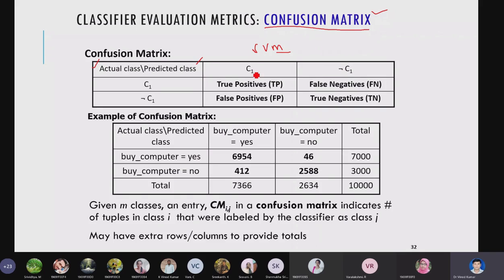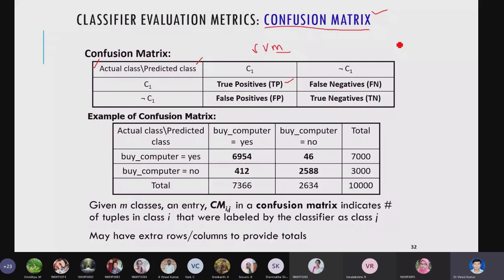So there are two classes, cancer yes and no. Now we can keep the records as numerical values like this. First one is the true positive, TP. True positive means I have tested a person who was suffering from the cancer and my result also came the same. So I will make it a true positive.